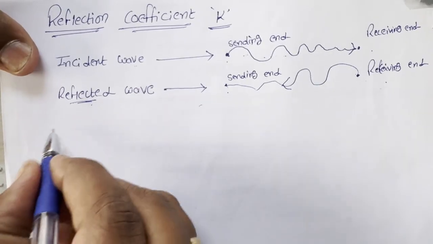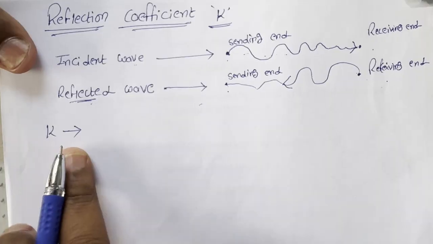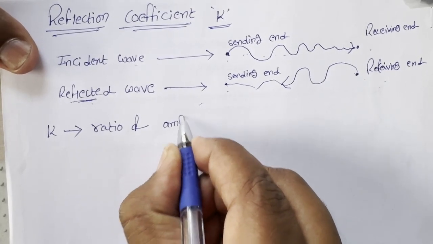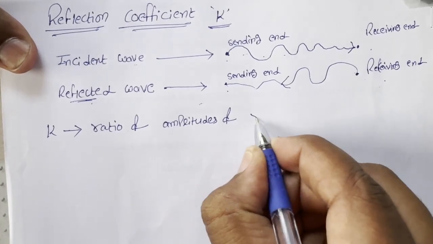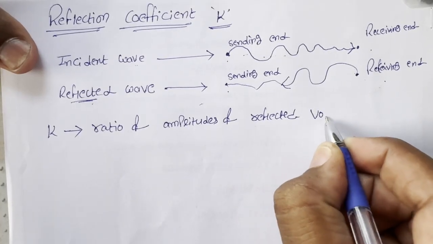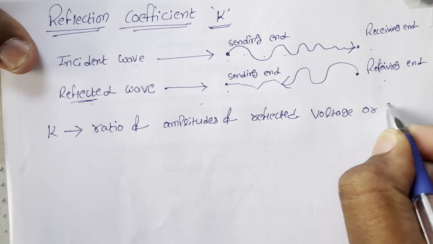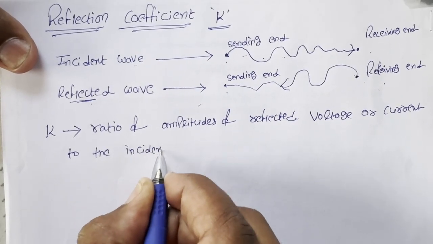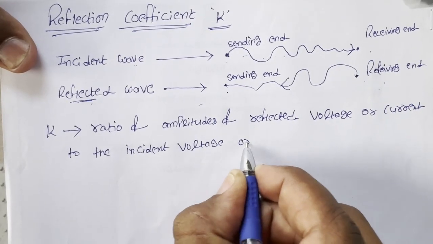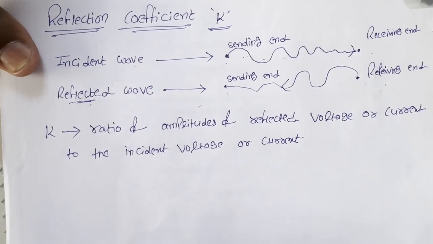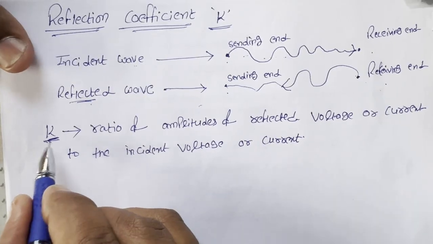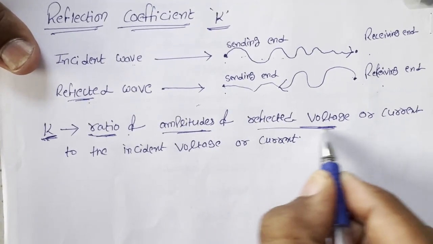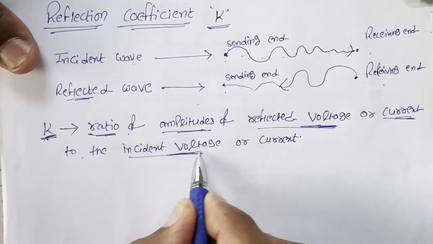Now, reflection coefficient K. It is defined as the ratio of amplitudes of reflected voltage or current to the incident voltage or current.